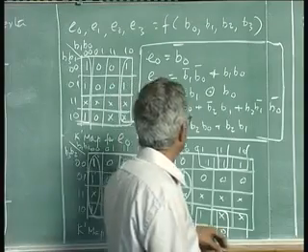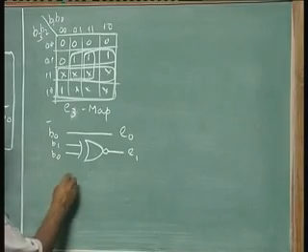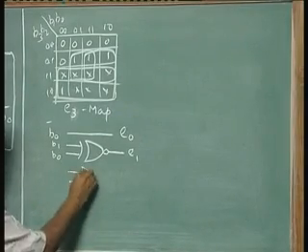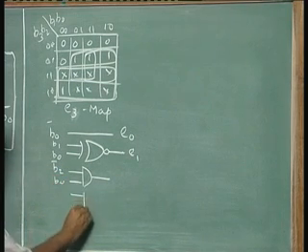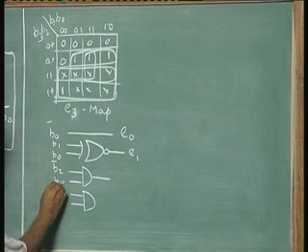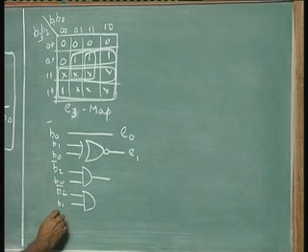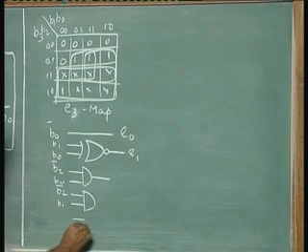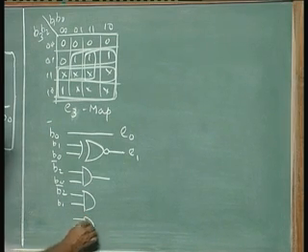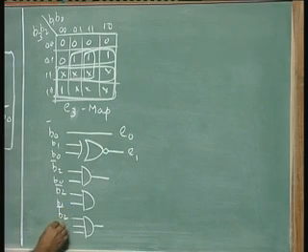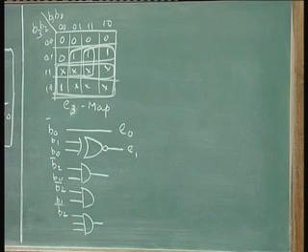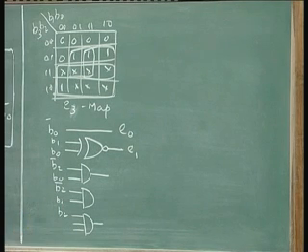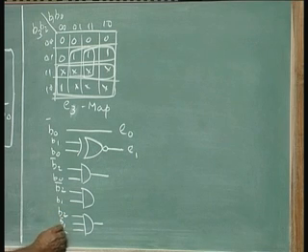The next function E2 is B2 bar B0, B2 bar B1, B2 bar B1 B0 bar, B2 B1 bar B0 bar.